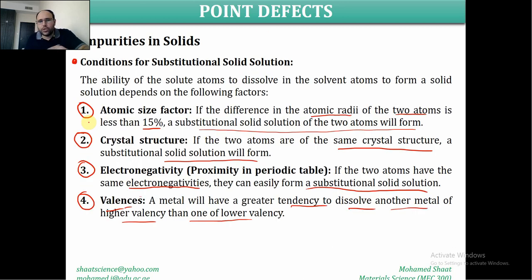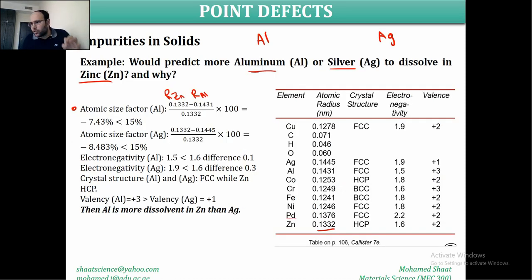We said that according to this condition, the difference should be in the form of a percent: the radius of the host material minus the radius of the impurity, divided by the radius of the host material, times 100. This is going to give you the percent. If this percent is less than 15%, it means that a substitutional solid solution can be formed.